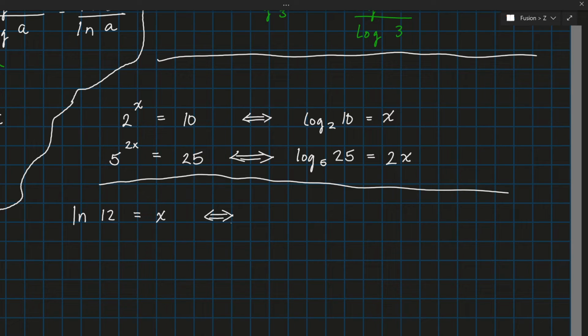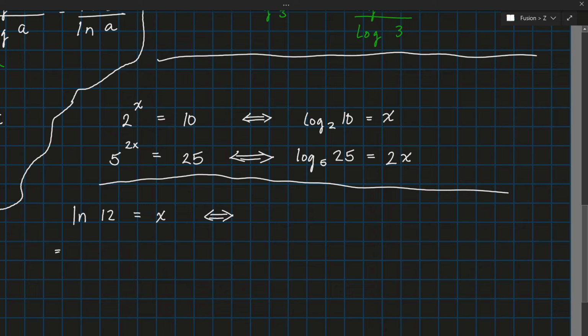First of all, let me ask you this: if I have ln, what is the base? Is it 12, or ln, or x? It's neither. Remember, with logs the base is the number that's down here.